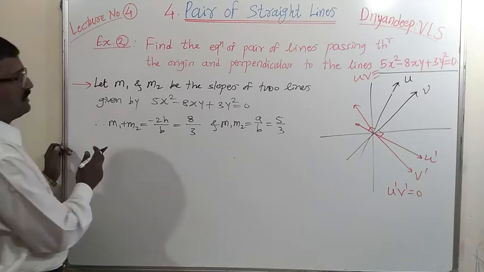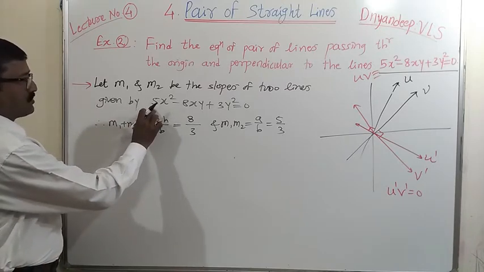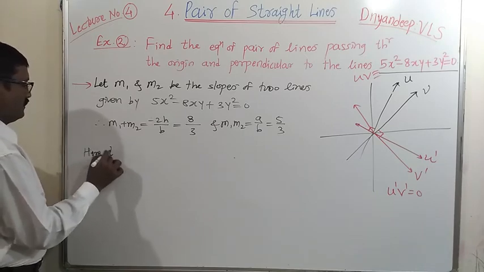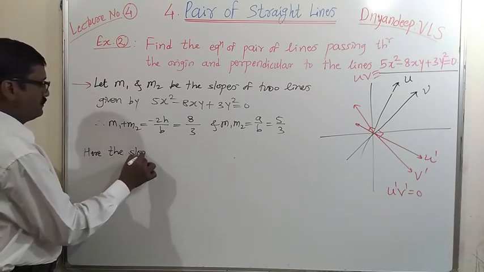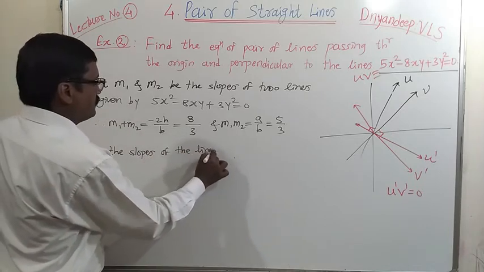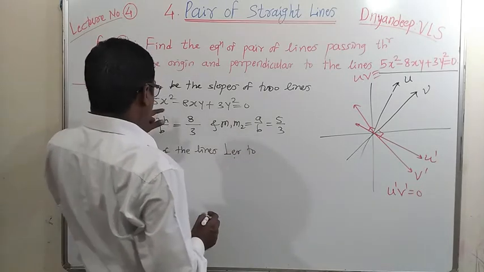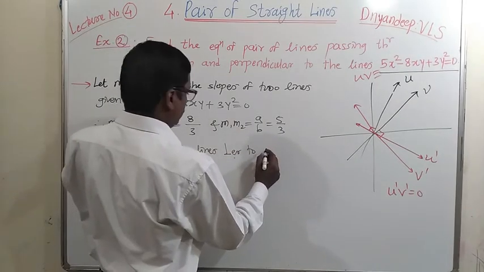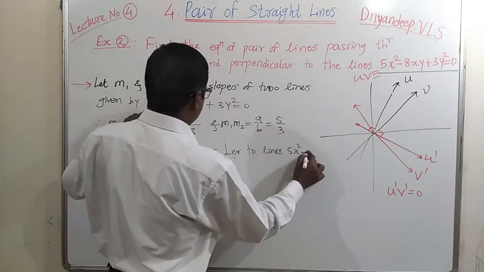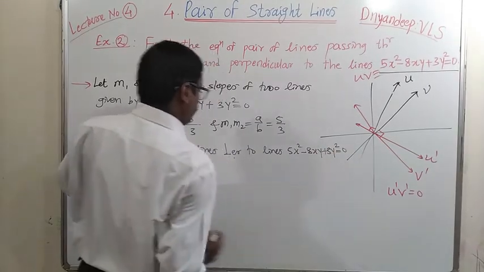As M1 and M2 are known, and M1 and M2 are the slopes of these two lines, here we need the slopes of the lines perpendicular to lines represented by 5x square minus 8xy plus 3y square equal to 0.